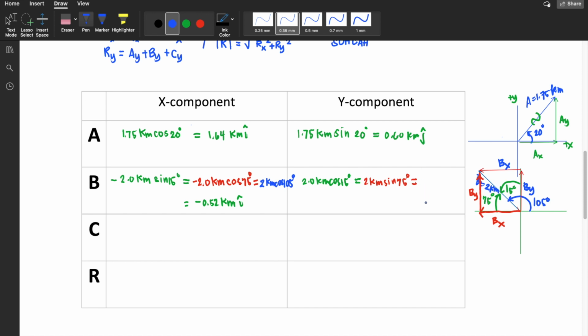And also you can use 2 kilometers sine 105. You will yield the same answers, and that would be equal to 1.93 kilometers j hat.